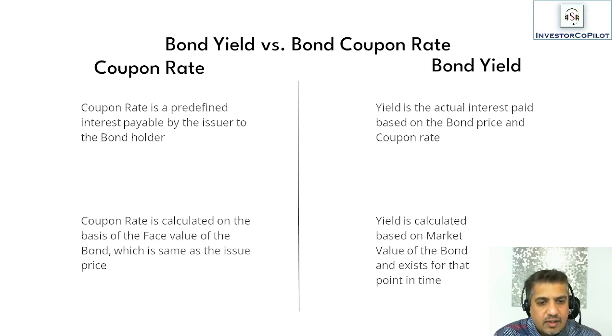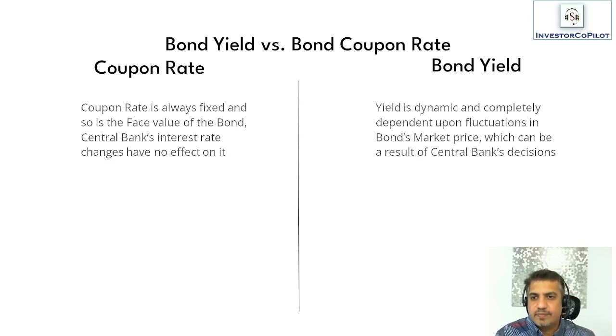However, yield is calculated based on the market value of the bond and exists for that point in time. So bond yield is very dynamic because bond prices change in the market. They are not stable, or they don't stay the same. And yield is very dynamic. It is calculated based on the bond price.